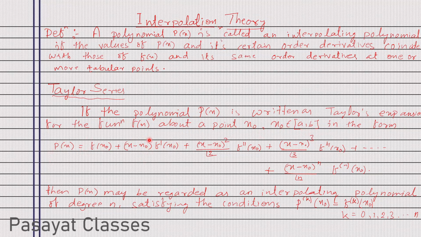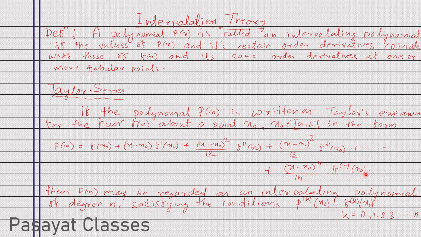The Taylor series is given as f(x0) + (x - x0) f'(x0) + (x - x0)^2 / 2! f''(x0), and this goes on up to (x - x0)^n / n! times the nth derivative of f at x0.